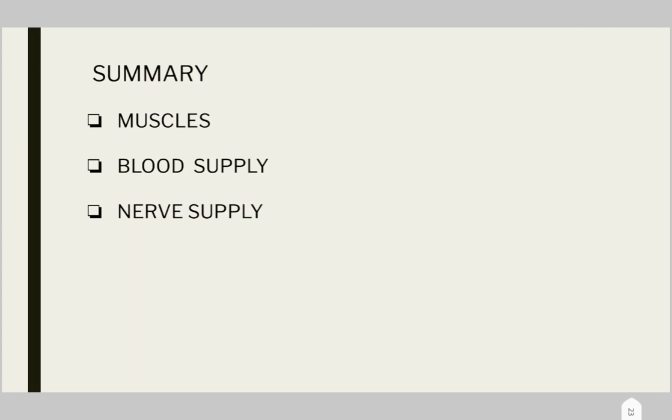So coming to the summary, what we have learned in this session: the muscles, blood supply and the nerve supply of medial compartment of thigh. There are 6 muscles. You need to know their origin, insertion, nerve supply and action. And coming to the blood supply, there are two chief arteries: profunda femoral artery and the obturator artery.